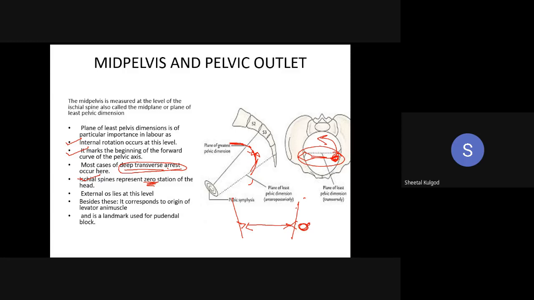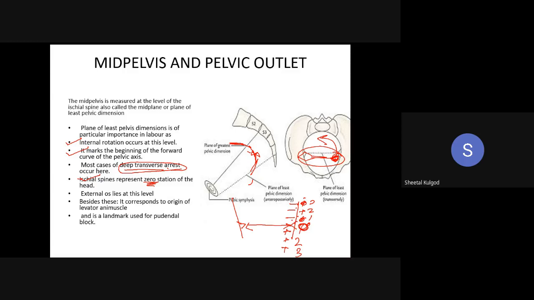Anything above it is termed -1, -2, and -3. Anything above the level of the ischial spines is minus, and anything below it is +1, +2, and +3.